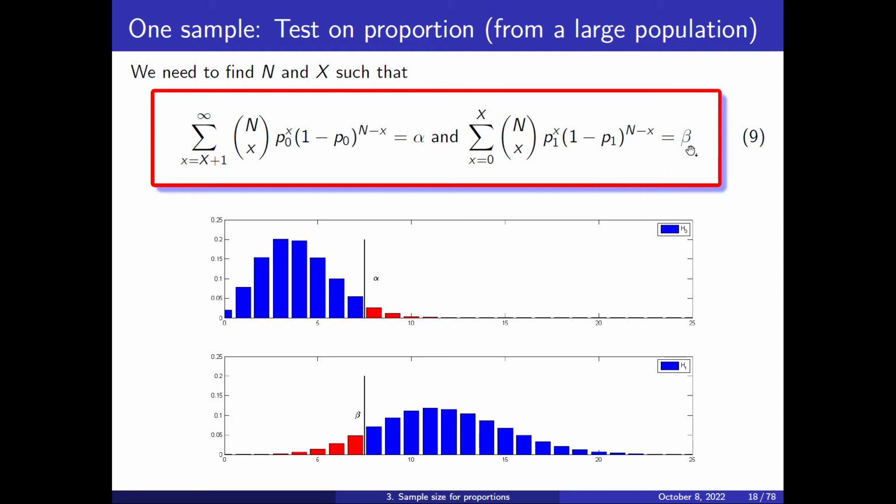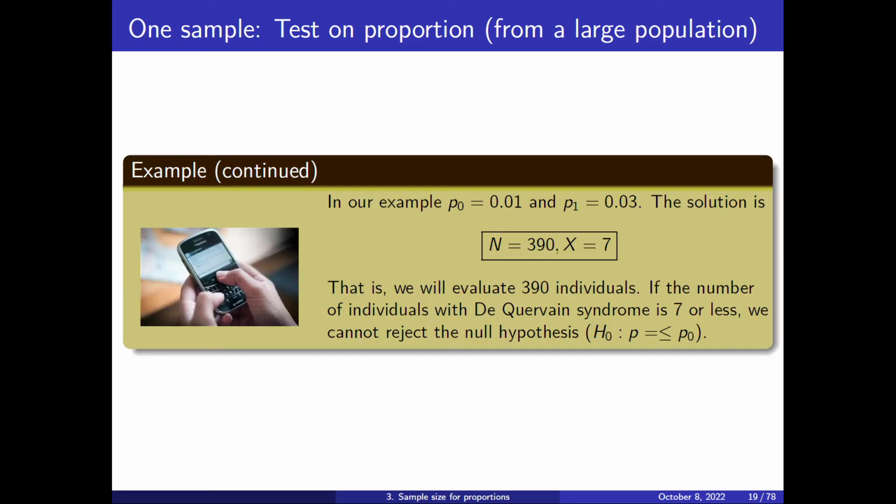So now you have a full equation system from which you can solve for n and x. With the given values, 1% and 3%, the solution is n equals 390 and x equals 7. So that means that you will evaluate 390 people.